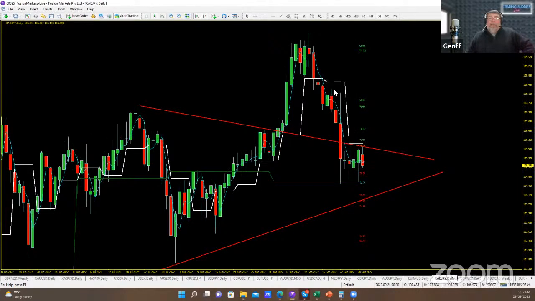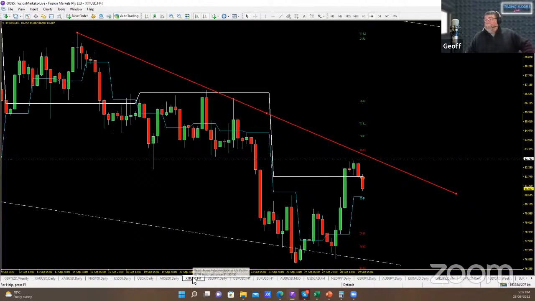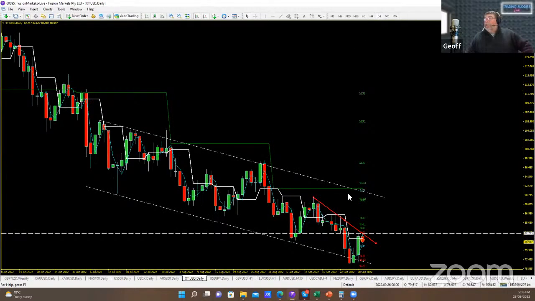So CAD yen, what's Swee asking for a trade at CAD yen in correlation with oil? Okay, so what Swee's saying is oil, as I've just said before, looks like it wants to go back up to the top of this channel, which makes perfect sense if it is going to follow the market structure.